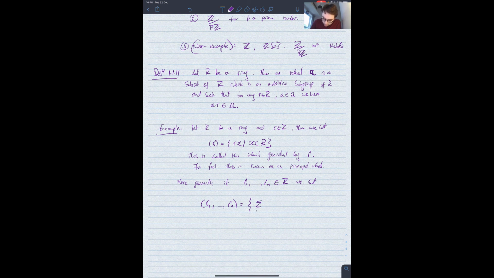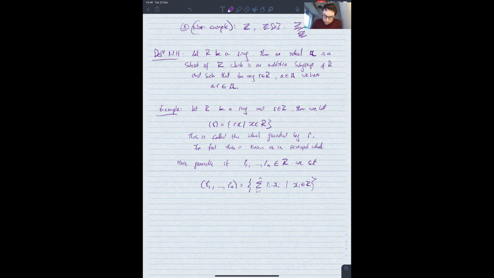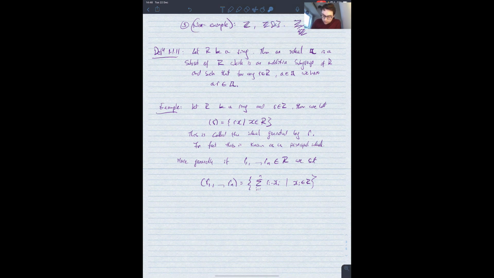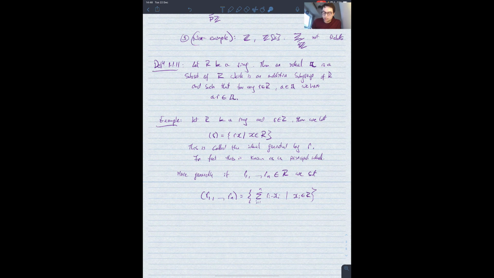You take finite sums, the sum from i equals 1 to n of ri times xi, where xi is just some element in R. So as a set, this ideal just looks like linear combinations of my chosen elements. This is called the ideal generated by r1 to rn. You can check that this set is closed under addition and contains the element 0, so this is an ideal. But this isn't a principal ideal, this is just an ideal. So these two sorts of ideals are important.